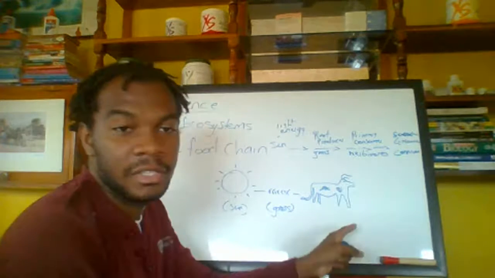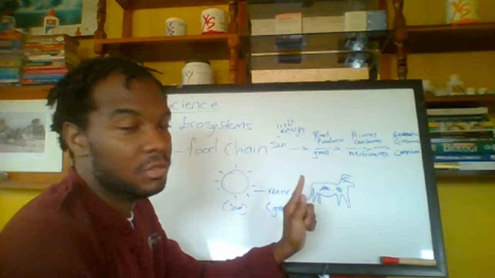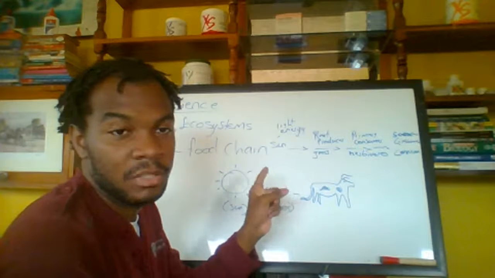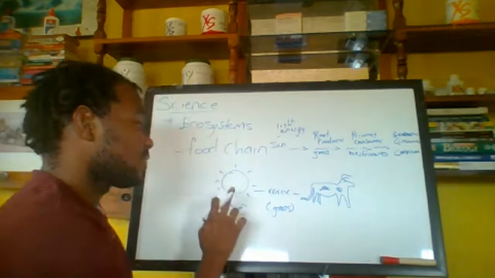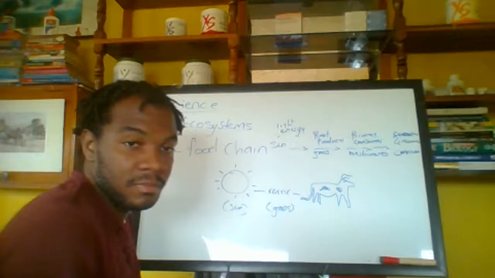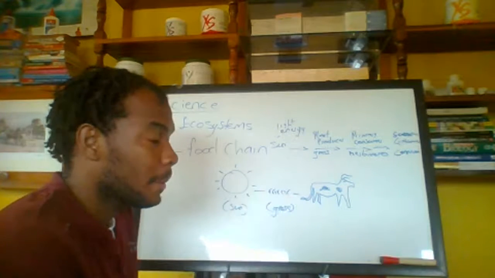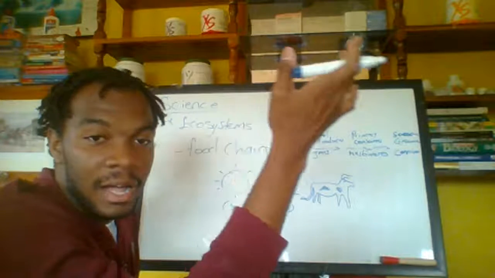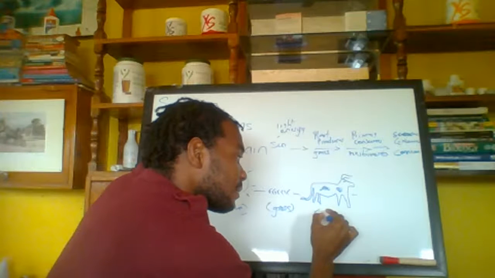This is not actually a cow. This is a bull with horns. A cow has udders. Cow is the female. So we have the sun and the grass. We have cattle, which is the bull. This is the herbivore, which is the cattle.